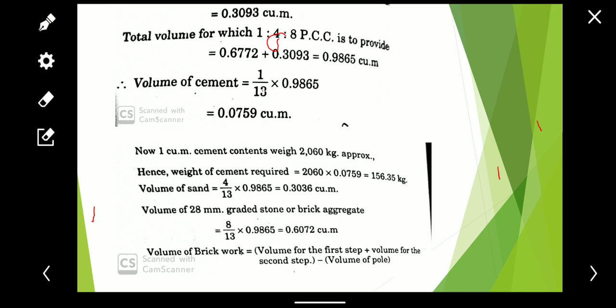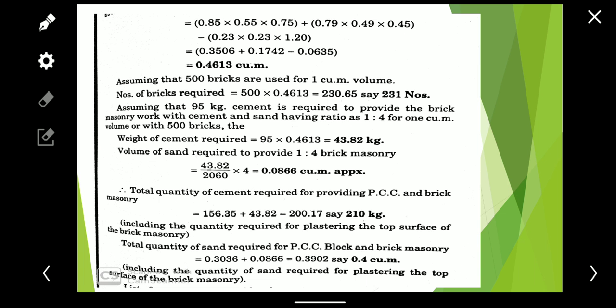Total volume of the brick work is equal to the volume for the first step plus the volume for the second step minus the volume of the pole. So it is 0.85 into 0.55 into 0.75 plus 0.79 into 0.49 into 0.45 minus 0.23 into 0.23 into 1.20.